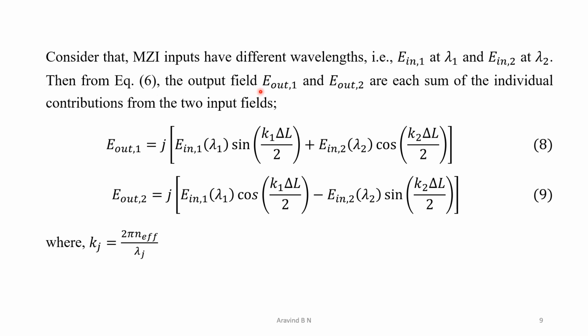Then the output fields E out 1 and E out 2 are each a sum of the individual contributions from the two input fields. That is, E out 1 is equal to this formula, and E out 2 is equal to this formula. The term K that has been represented is generalized from what we got previously, that is, K j is equal to 2 pi n effective divided by lambda j.